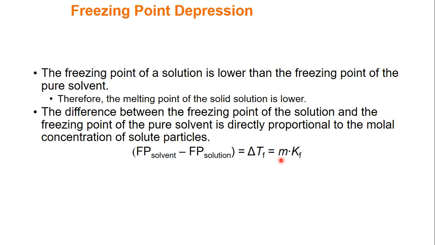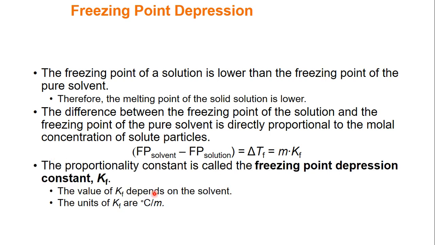Remember, molality is moles of your solute divided by kilograms of your solvent. Kf is your freezing point depression constant, and it depends on the solvent. The units are degrees centigrade divided by molal. So if you have your molality, your answer should be in degrees centigrade.